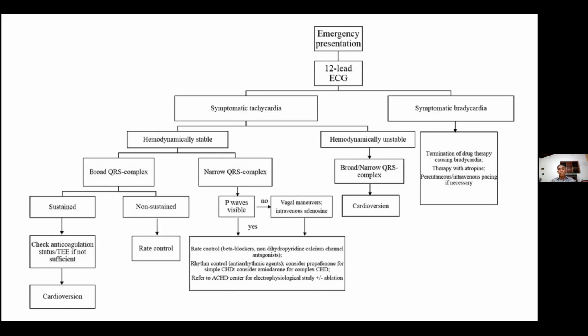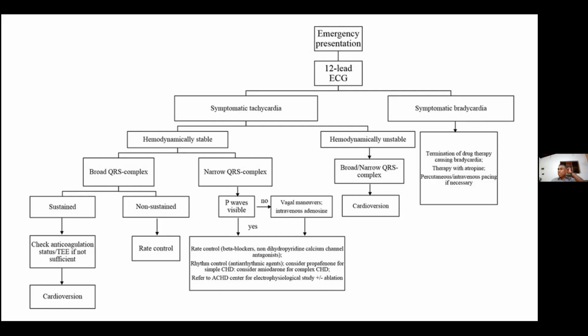If it's a normal complex tachycardia, then you look for P waves. If the P waves are not seen, then you do vagal maneuvers, but they don't work most of the time.